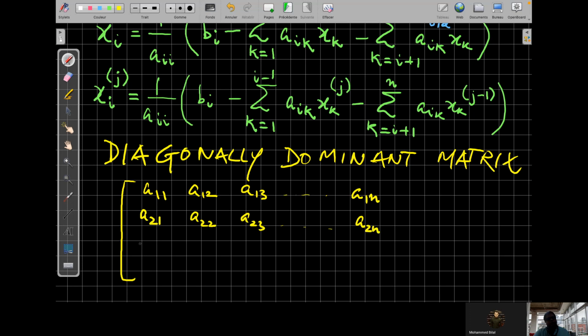The ith row will be Ai1, Ai2, Ai3, and somewhere in between will be Aii, and here it will become Ain. And these are dots here. These are not blank elements here.